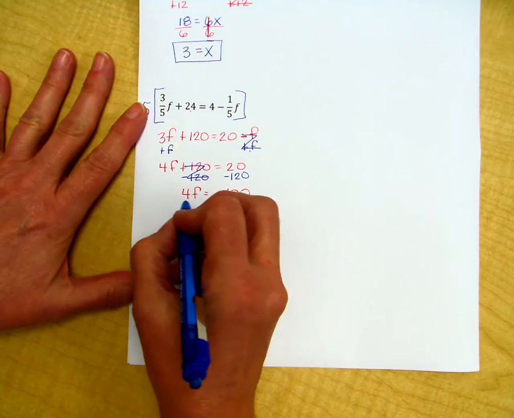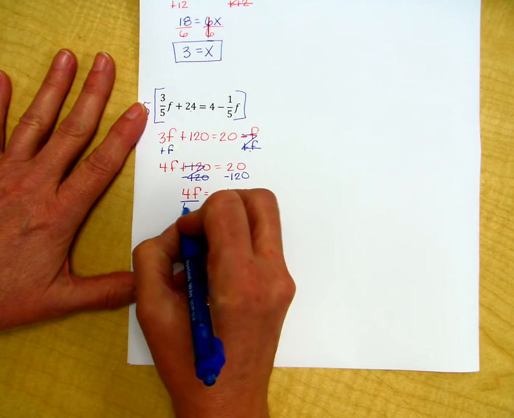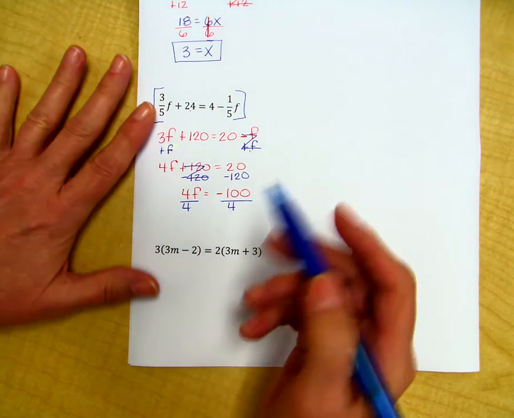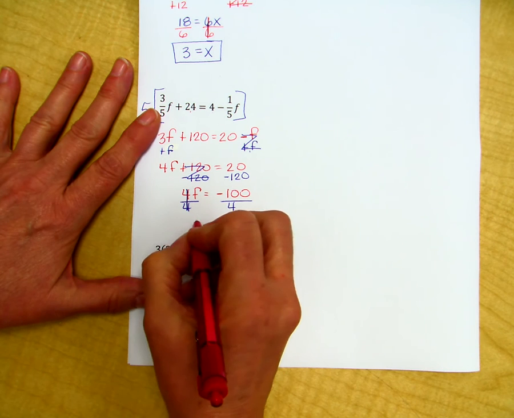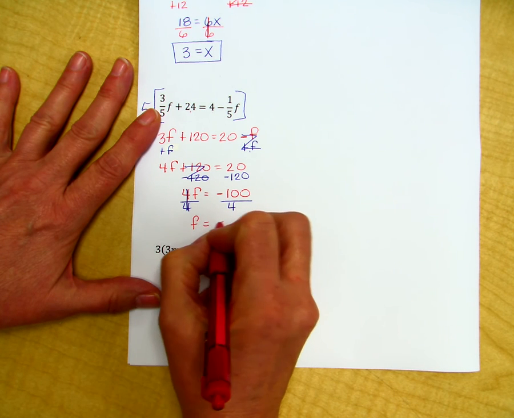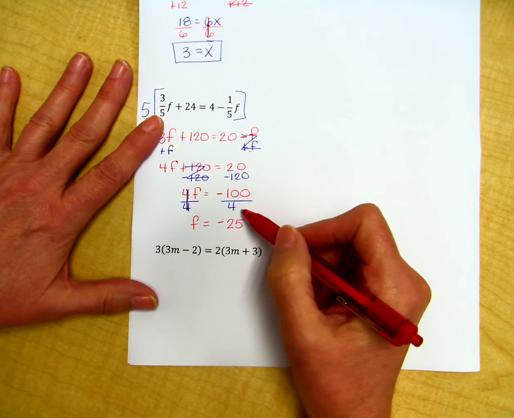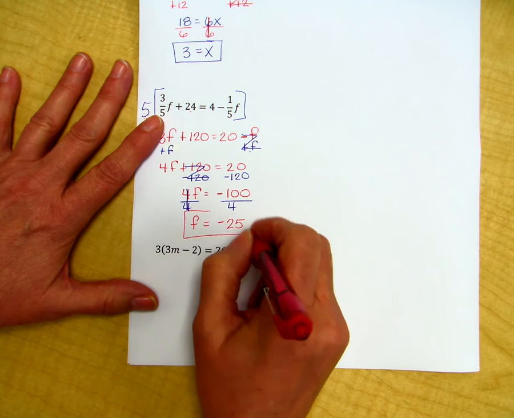Since that's multiplication, I need to divide both sides by 4. And we use a fraction bar to show that division. 4 divided by 4 is 1. So we end up with f equals negative 25, because negative 100 divided by a positive 4 is going to give you a negative 25.